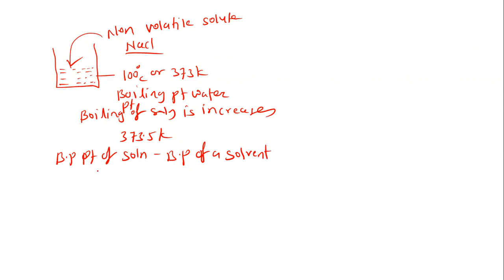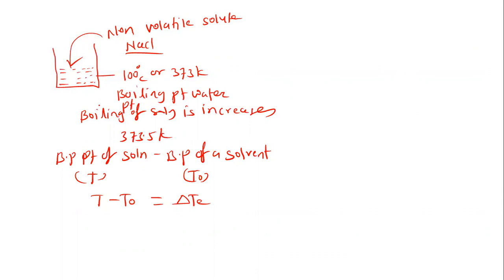Suppose the boiling point of the solution is T and the boiling point of the solvent is T0. Then this difference, T minus T0, is called elevation in boiling point and it is denoted by delta TE.